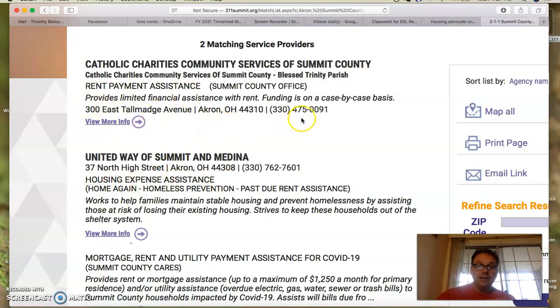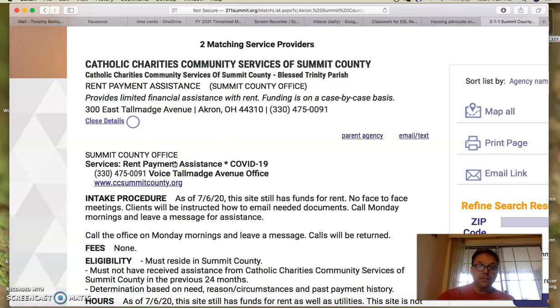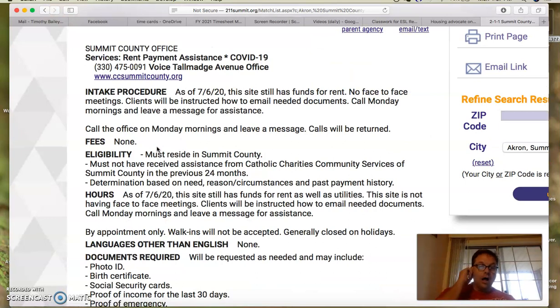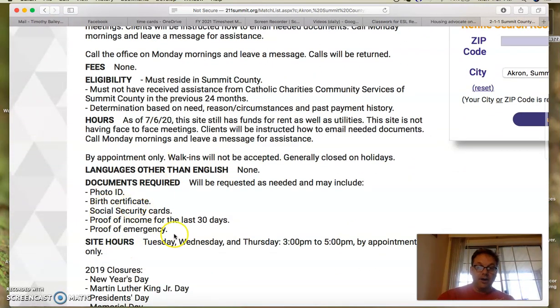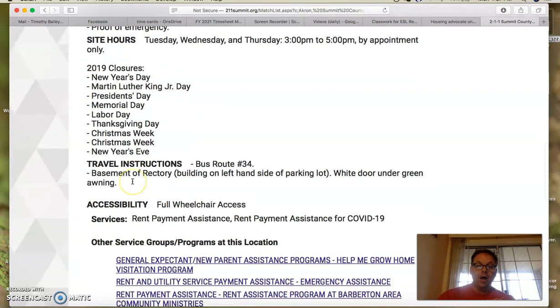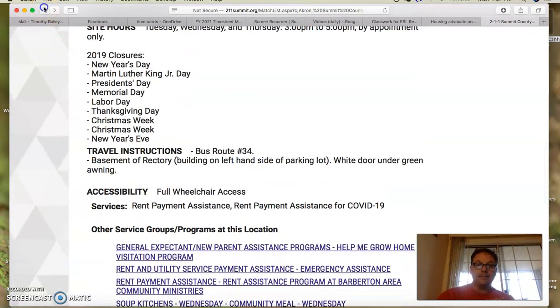And it gives the address, it gives a phone number, talks a little bit about what they do, provides limited financial assistance with rent. Okay, I can click on this, and I can get a little bit more information, okay, about who it is that I'm talking to, documents that are required, these sorts of things. Okay? When they're open, a lot of information like that.